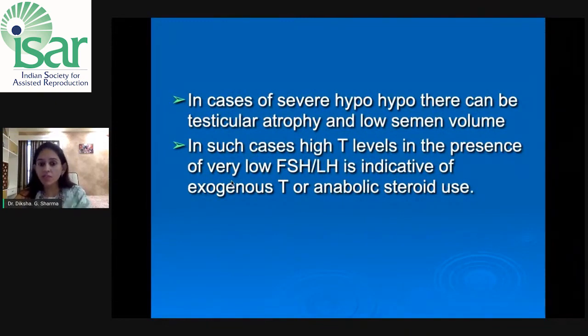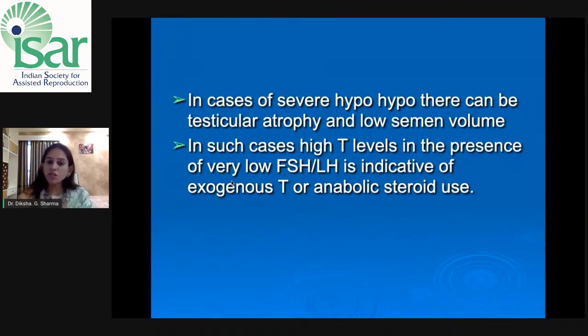Like you saw in the previous graphs, in hypogonadotrophic hypogonadism, the semen volume can be low and the testis size can also be small in severe cases. However, in such cases, if there are high testosterone levels in the presence of very low FSH and LH, then this is indicative of exogenous testosterone or anabolic steroid use.